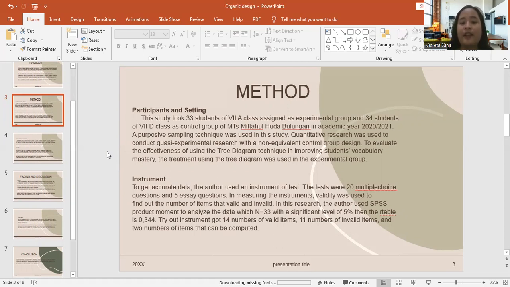In the measuring, the instrument validation was used to find out the number of items that are valid and invalid.